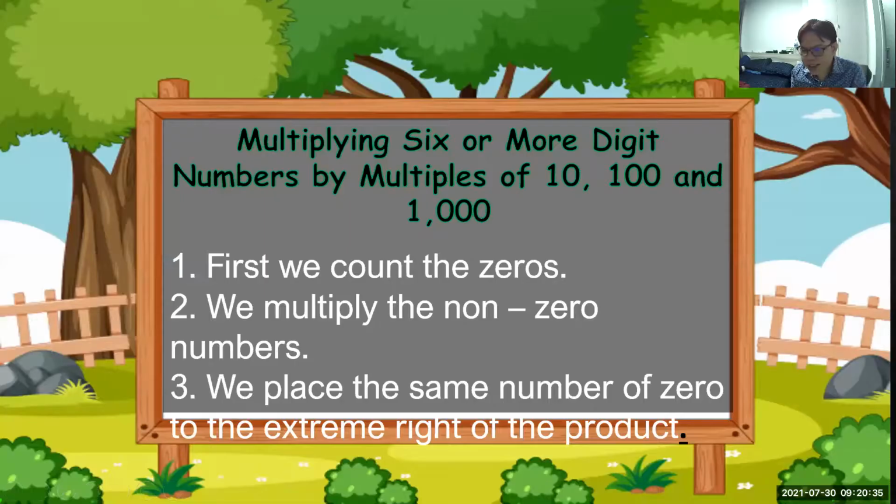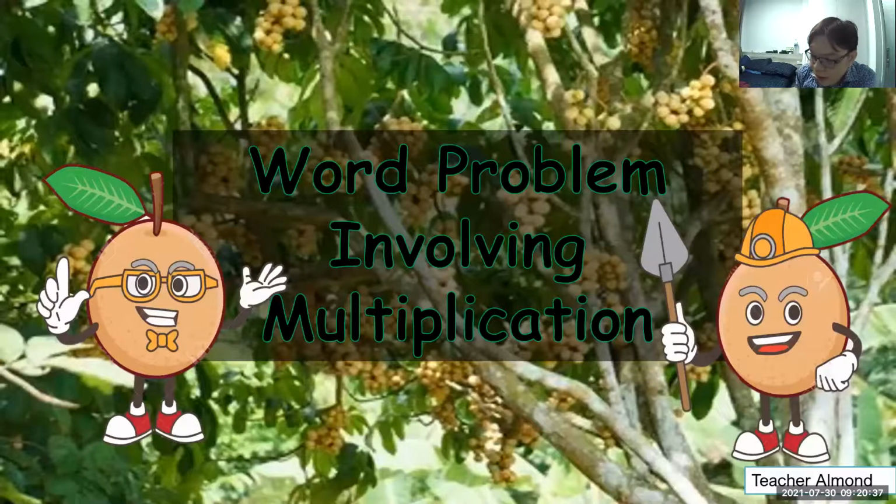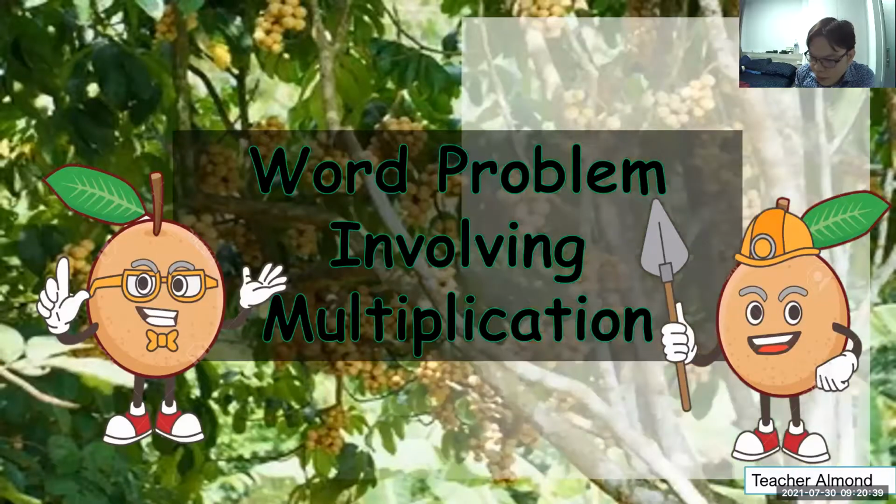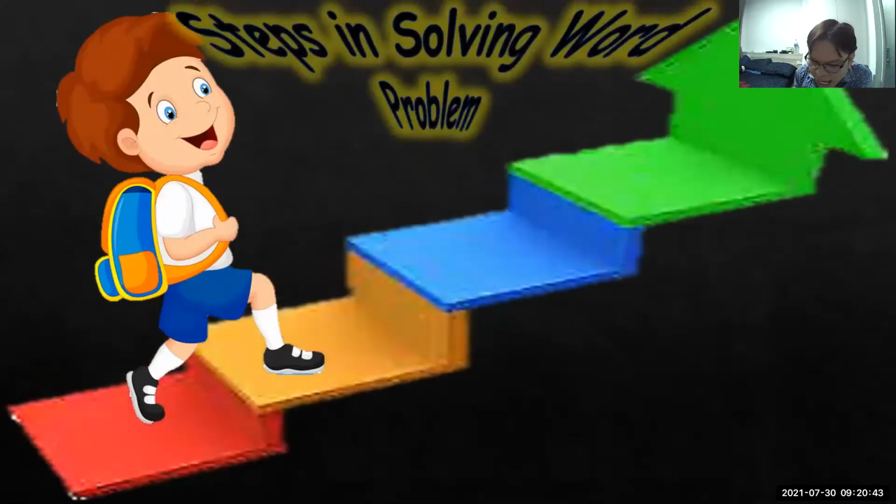Okay, now let's continue with your word problems. Remember, in word problems, there are many steps. So what are the steps again? There are 1, 2, 3, 4. But Teacher Almond only teaches you to find the keyword. Number 1, find the keyword.